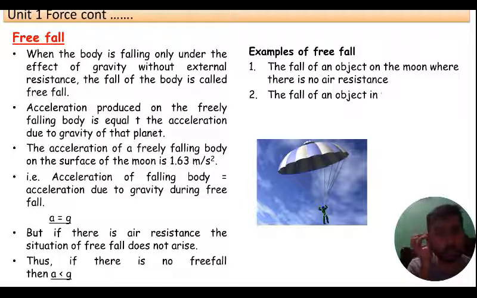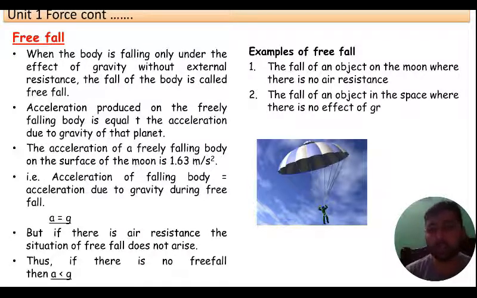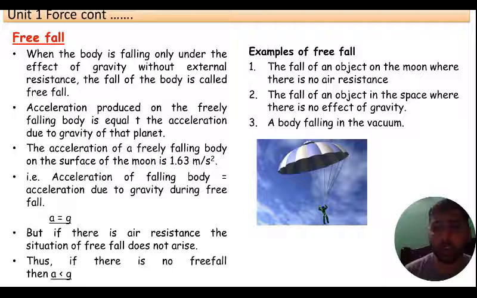Likewise, the fall of an object in space where there is no gravitational force, no effect of gravity. At that condition, the fall of the body is also free fall. Another example of free fall, a body falling in the vacuum.